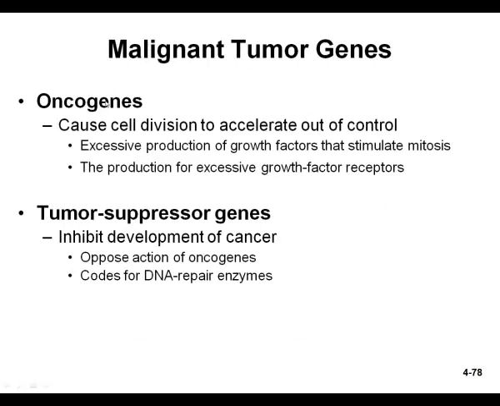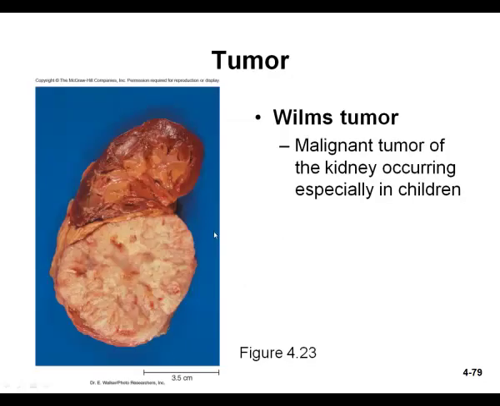We know that some genes inside us are supposed to suppress the growth of tumors, but we also know that the tumors outsmart us, and they silence what we call tumor suppressor genes so that the tumor can grow bigger. Here's an example of Wilms tumor.